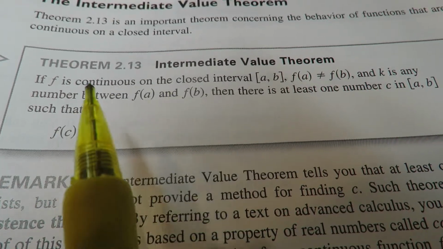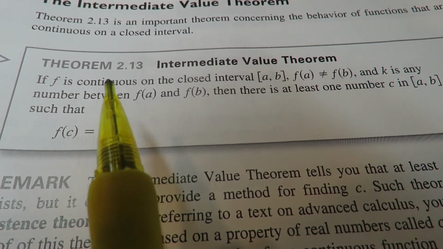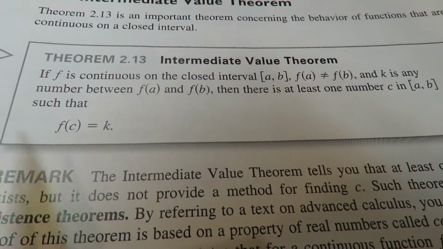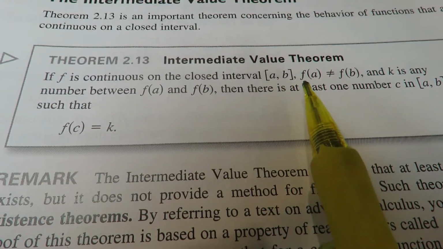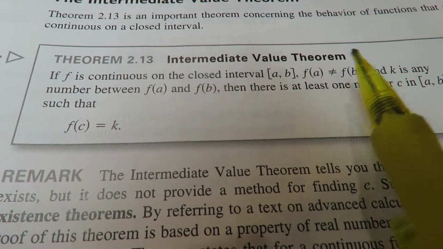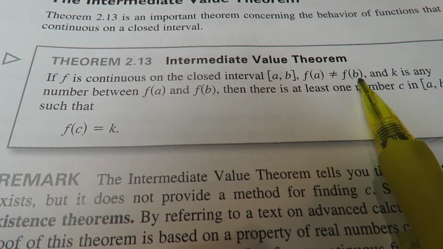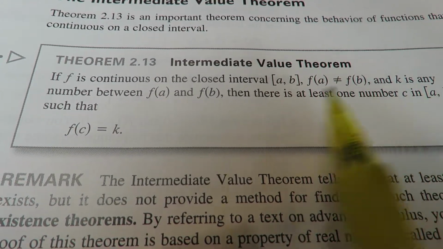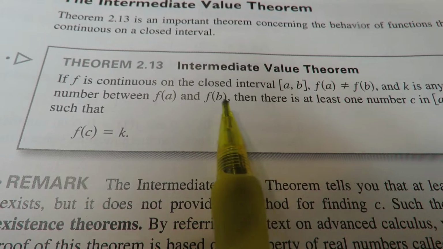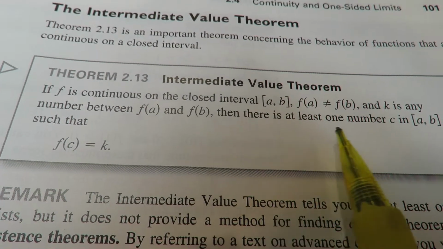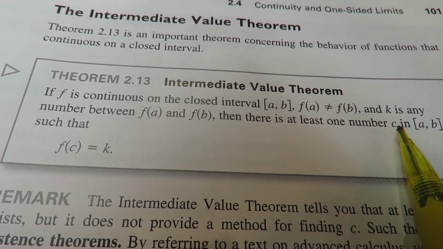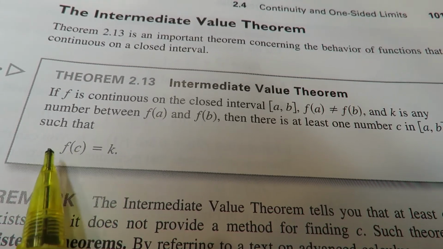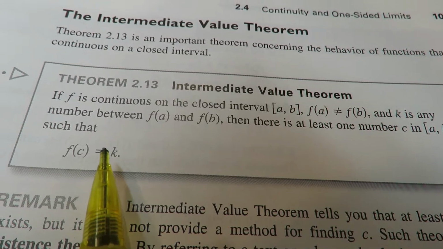So if f is a continuous function, meaning no holes, no gaps, no unboundedness in the middle, on a closed interval, and the output values at a and b are not equal, and k is any number between those outputs, then there is at least one number c such that if I plug that into f, that will give me that output.